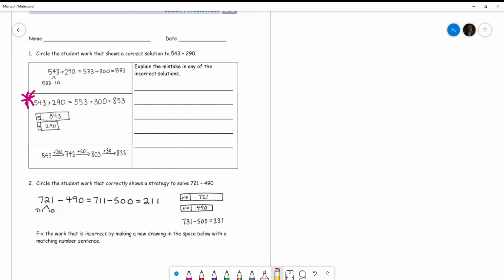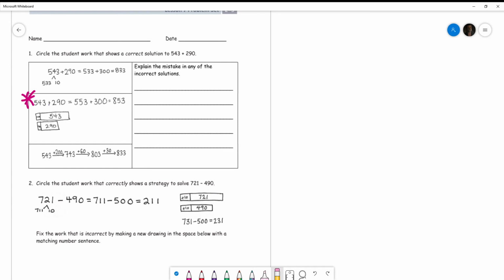Circle the one that's right. And then it says fix the work that is incorrect by making a new drawing in the space below with a matching number sentence. So think about the different strategies we have learned for adding and subtracting, and the one that you decide is not right, I want you to just redo it.